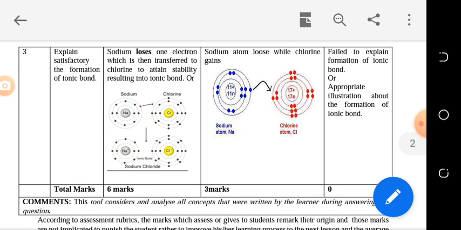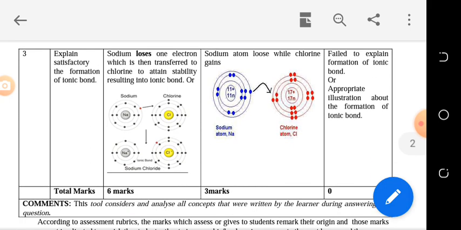Failed to explain the formation of ionic bond or give an appropriate illustration. He can fail to explain, or fail to indicate the appropriate illustration on how ionic bond is formed. This student will get 0.